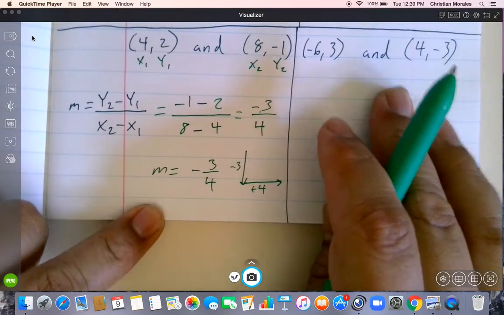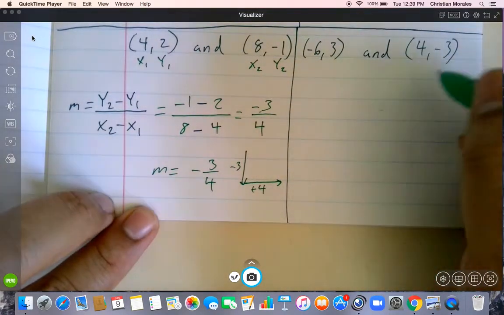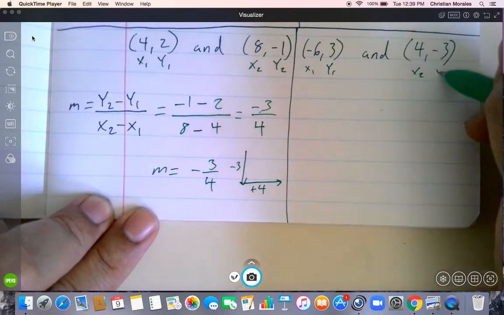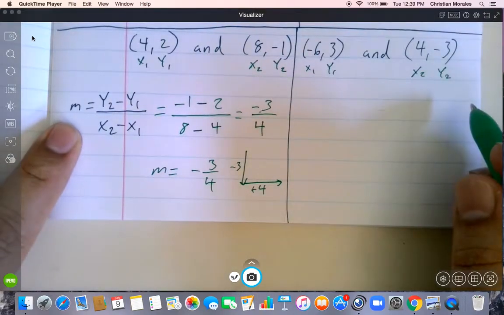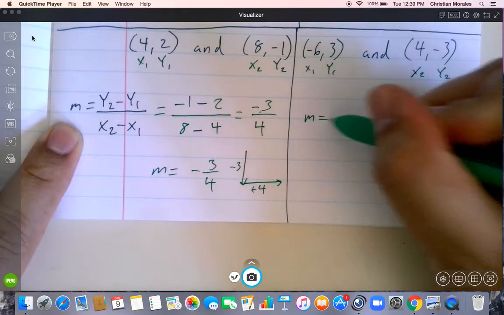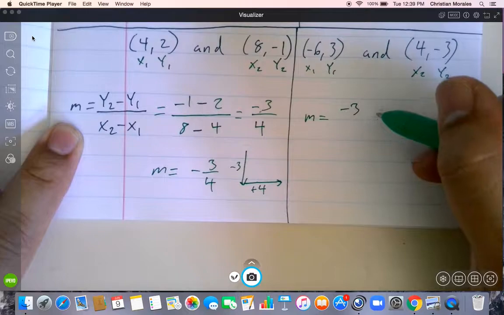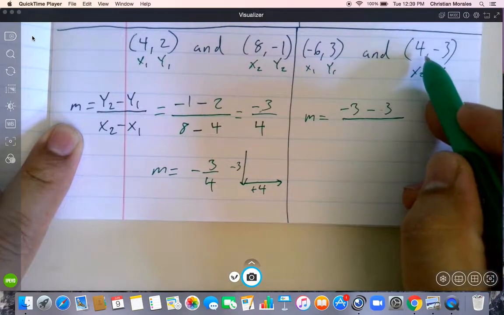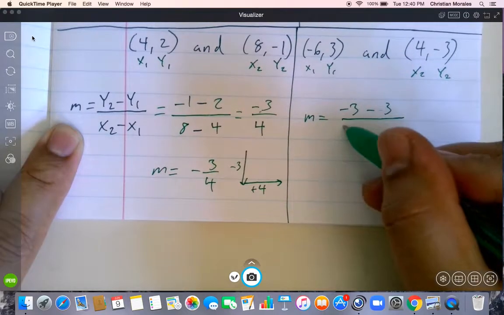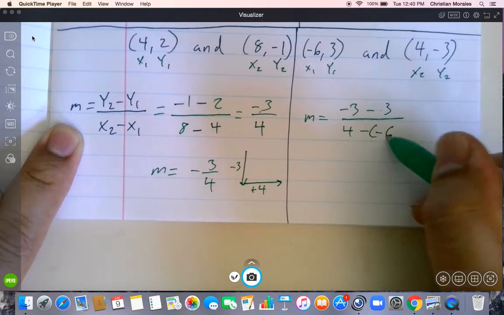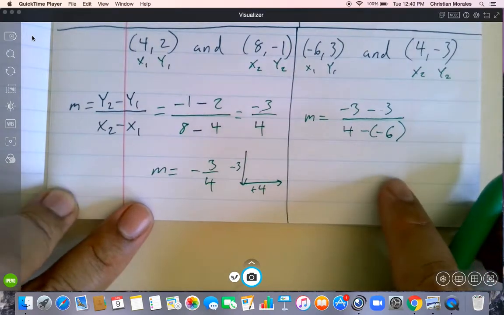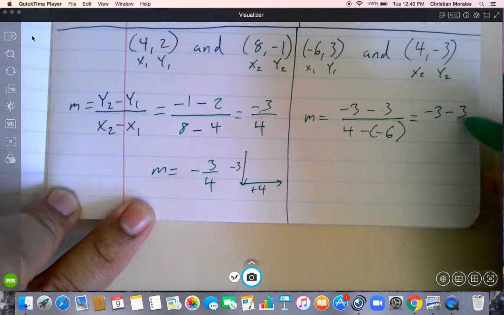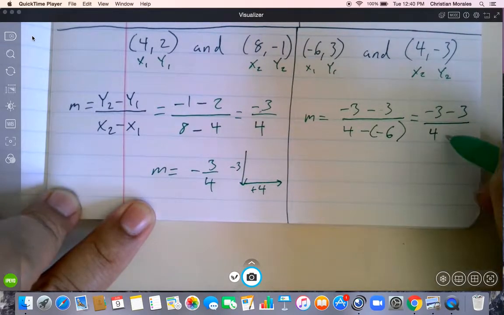Okay, so here, do the same thing. This is x1, y1. This is x2 and y2. And you use this formula, -3 minus 3, and then 4 minus -6. Okay, so -3 minus 3 and 4 plus 6.